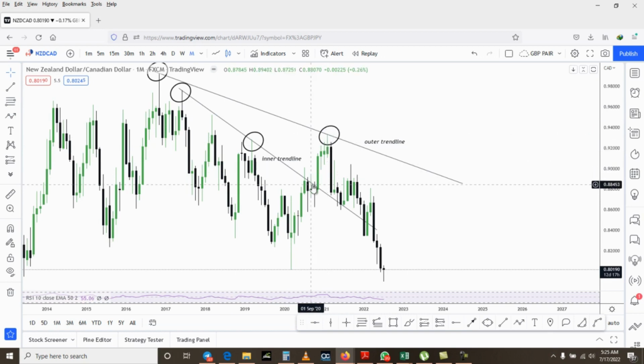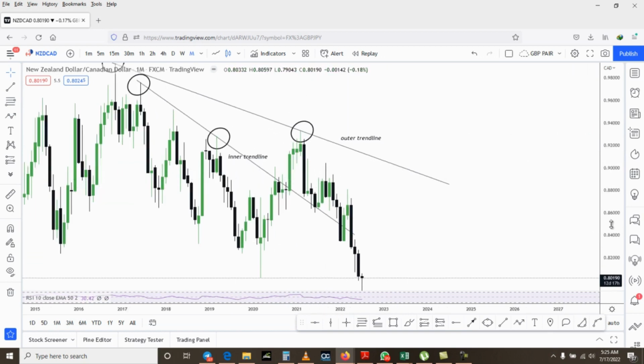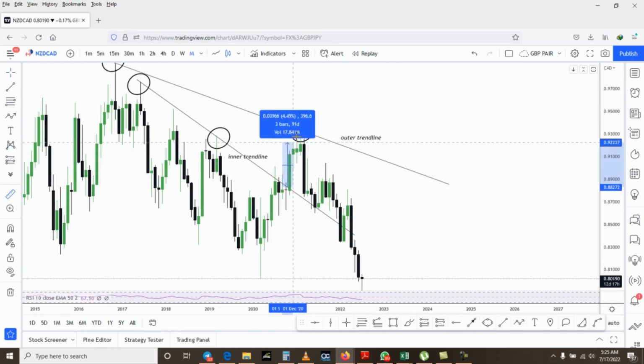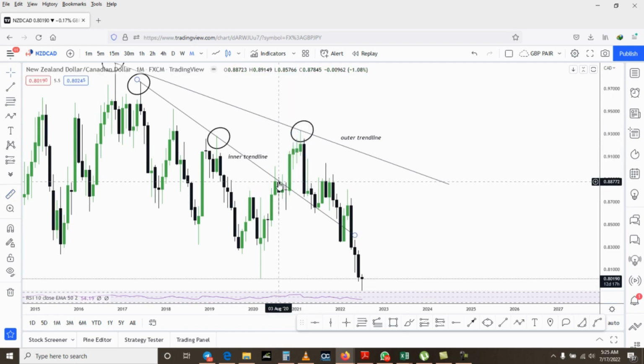Okay, so after the break of this trend line, for the short term, we had some bearish move to this side, about 500 pips. So now in between this inner trend line and this outer trend line, I'll be bullish. And then after a bounce of this outer trend line, it came down.